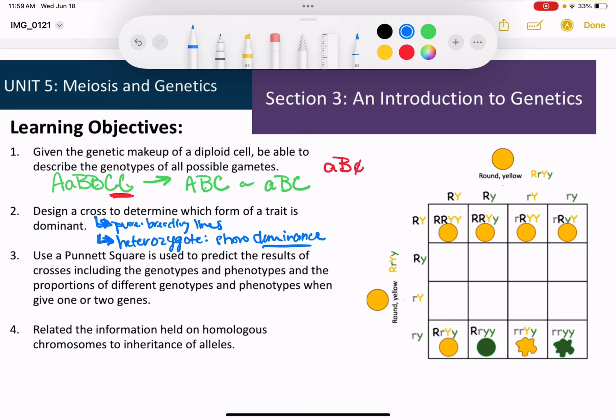The next thing is to be able to use a Punnett square to predict the results of crosses, including the genotypes and phenotypes, and the proportions of those genotypes and phenotypes. You don't necessarily need to do the whole 16, but you should be able to do this for one gene or simple two genes.